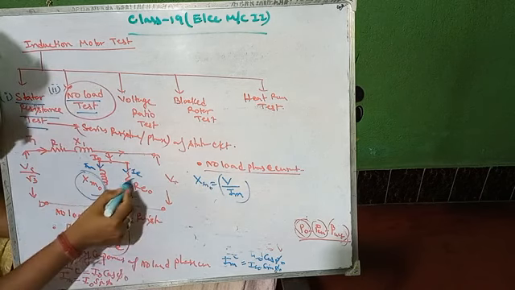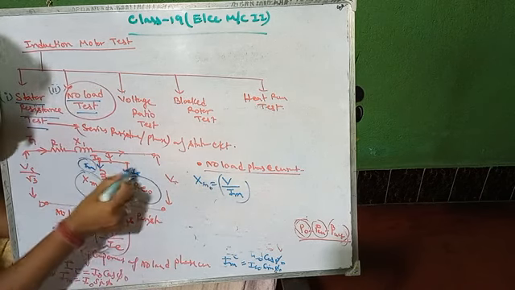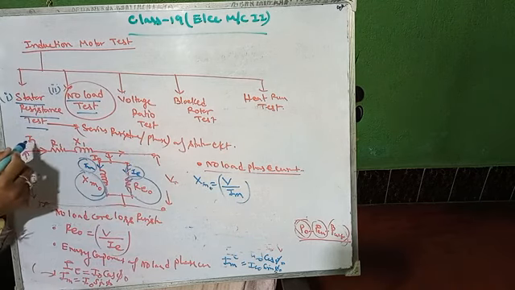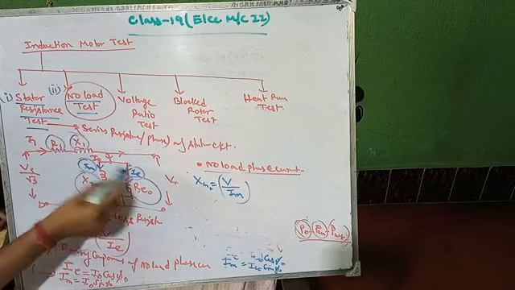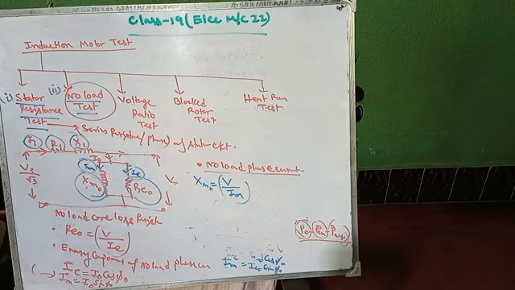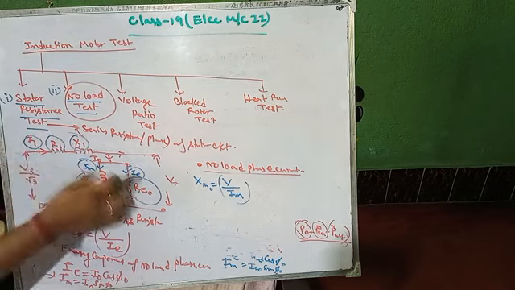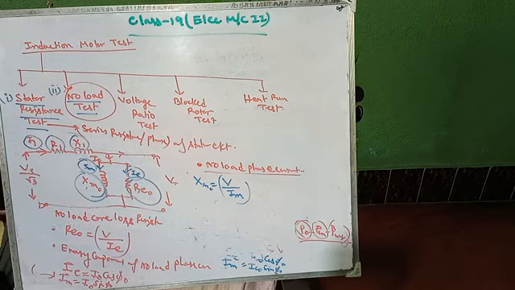So this component, this component, this 1, 2, 3, 4, 5, 6, and 7. These 7 components are called the no load parameters. So you have to calculate them by using these formulas step by step.